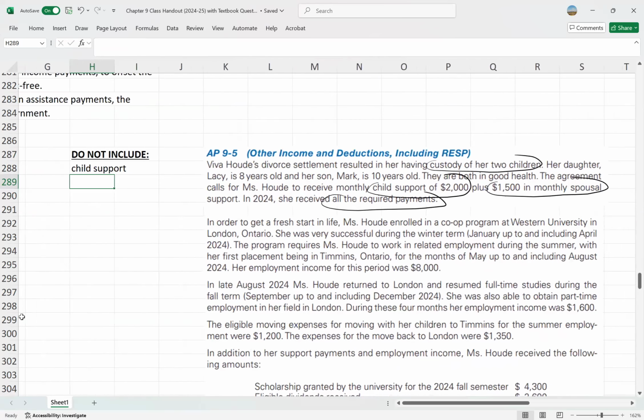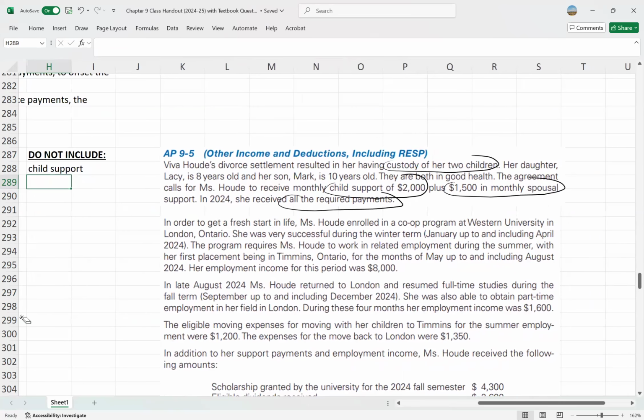Let's continue on. In order to get a fresh start in life, she enrolls into a co-op program at the university. She's successful in the winter term. It's a co-op program, so she's required to work in the summer. She was studying in London, Ontario, at Western University, but her co-op for the summer is in Timmins, Ontario.